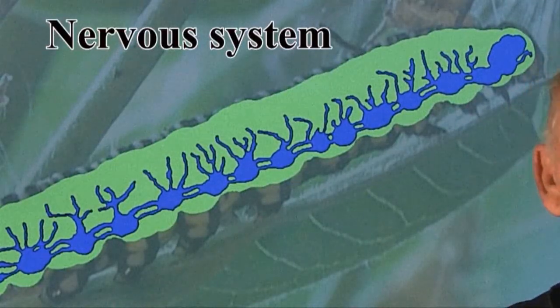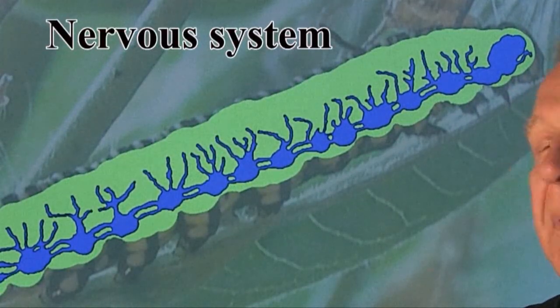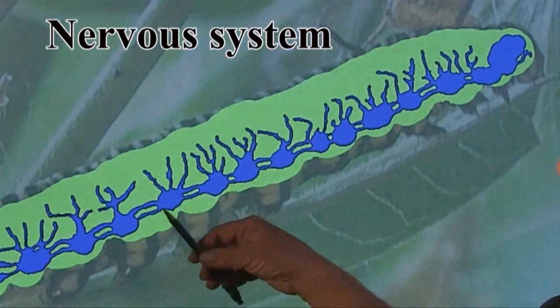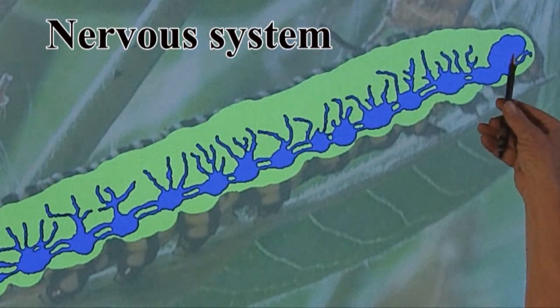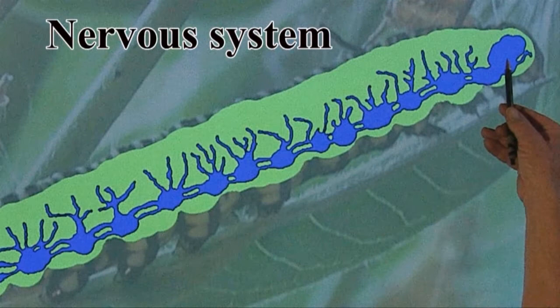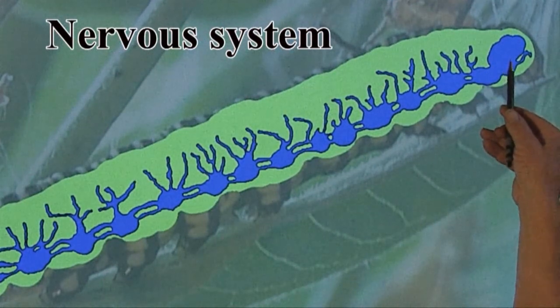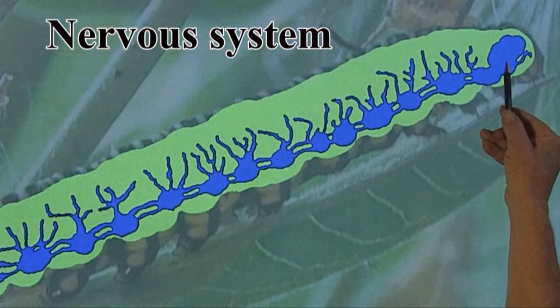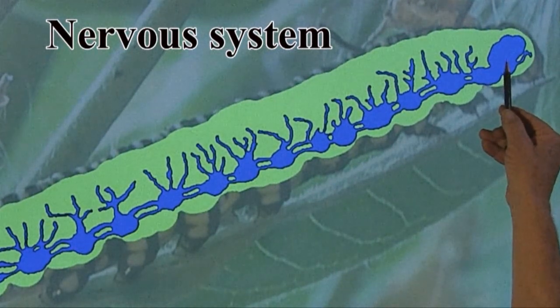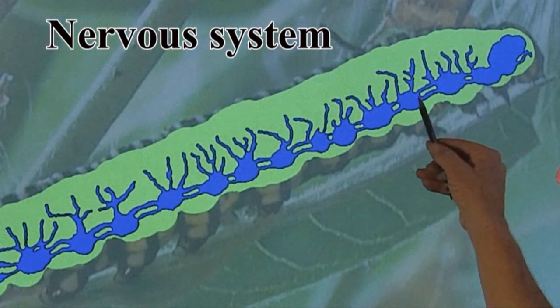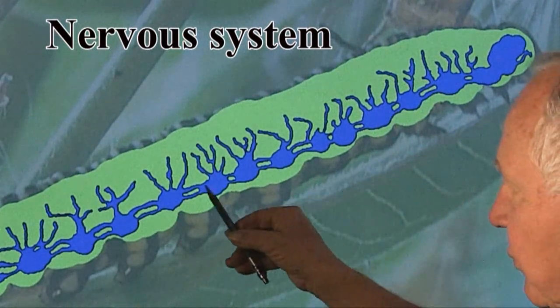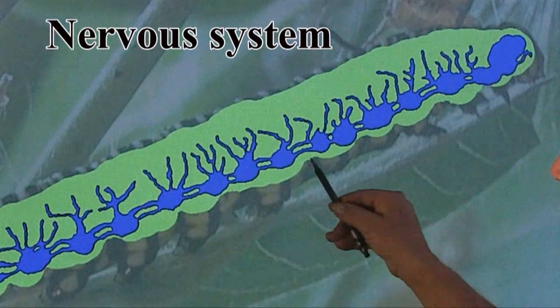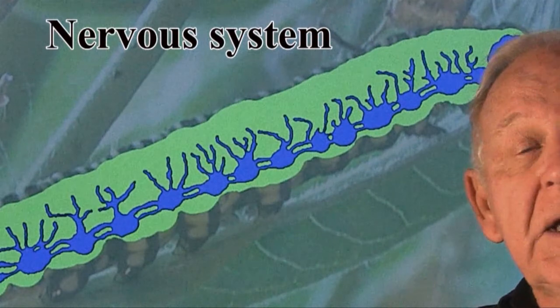This is the nervous system of the caterpillar, represented by blue. The nervous system begins, you might say, at the brain. This is the upper end of the nervous system. This is really just a large aggregation of neurons. And each of these little lumps along this ventral nerve cord, which is a double cord, rather than a single cord like in humans.